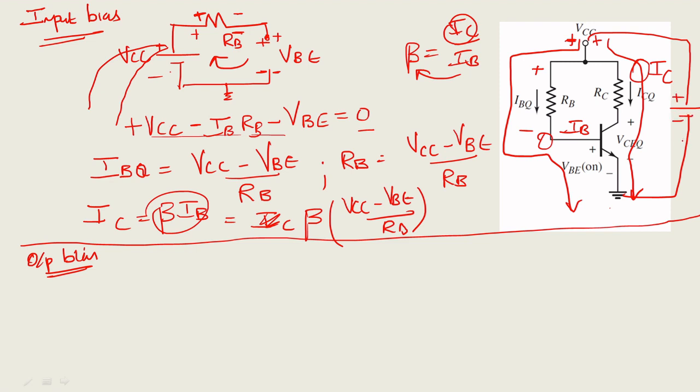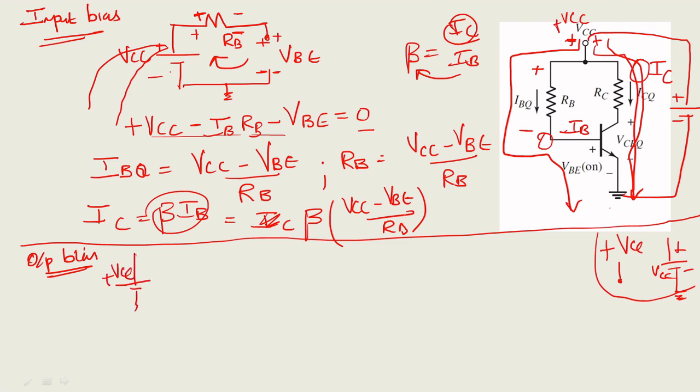Plus minus. Just for representing it in a simple way, we are saying this is plus VCC. This way and this way both are the same. Just for simplicity, we are representing it as plus VCC.